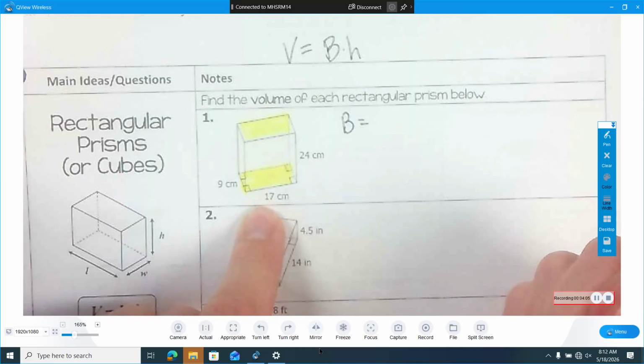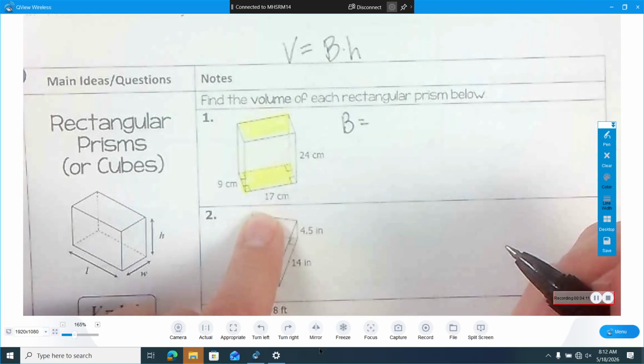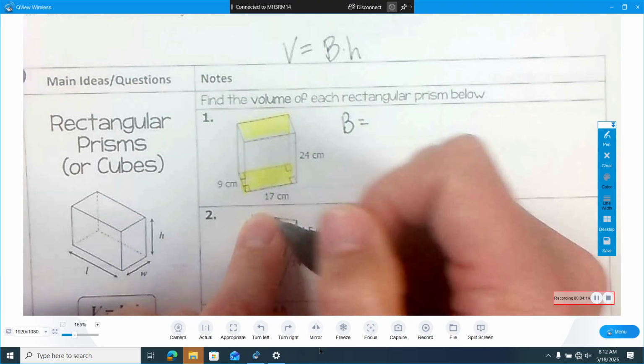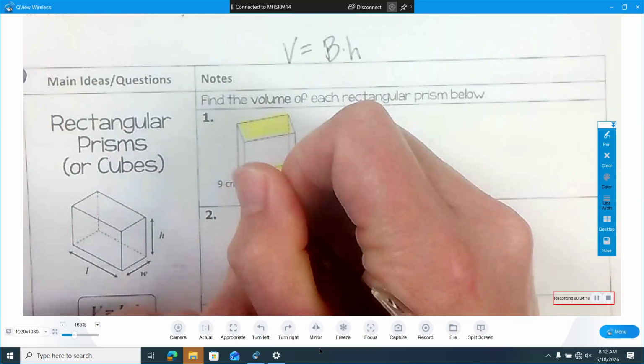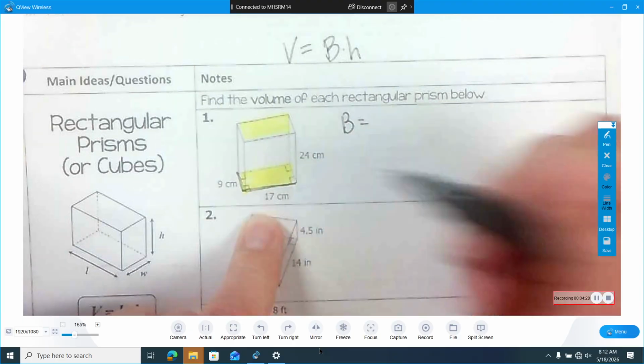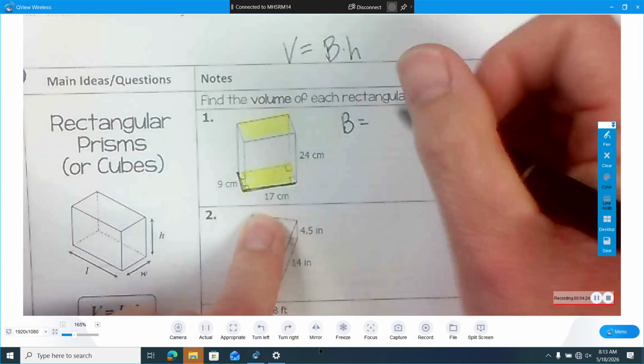What shape is the base? Rectangle. And how do we find the area of a rectangle? Base times height, or length times width, whatever we want to say. The edge times edge. I like that.